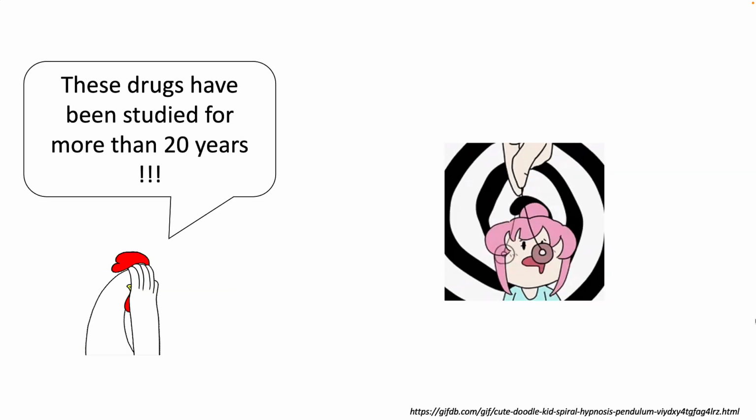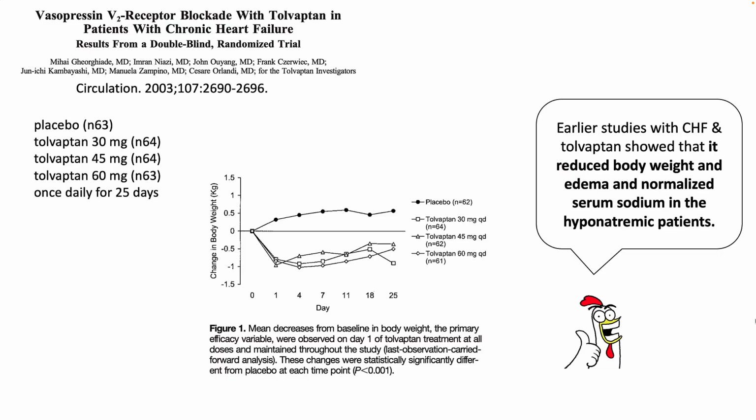However, this drug has been studied for more than 20 years and not much benefit has been found to its use. Back in early 2000, tolvaptan was shown to reduce body weight, edema, and normalize serum sodium in hyponatremic patients with congestive heart failure. And you can see that tolvaptan 30 was as good as higher dosing. So this was the dose used in subsequent studies.